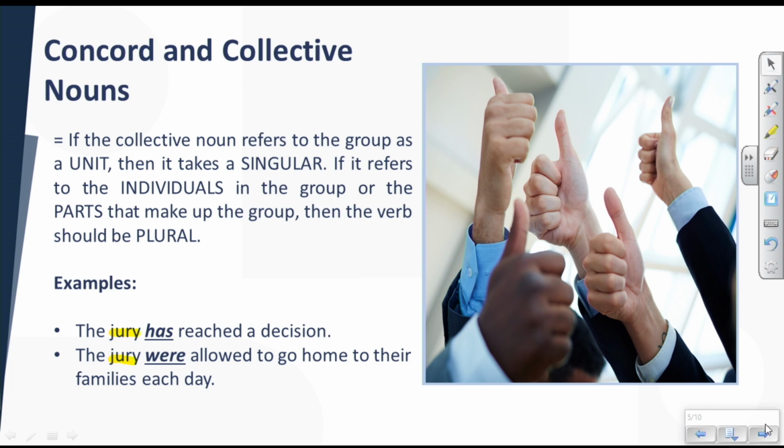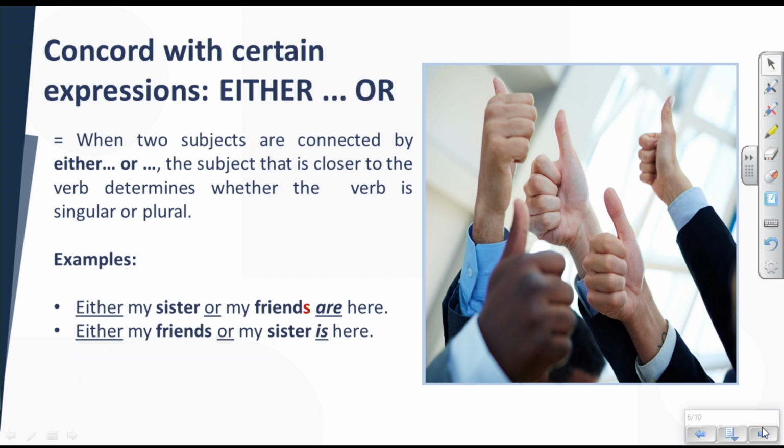Well, finally, we should talk about agreement with specific expressions. So something similar to proximity happens when I use either or, neither nor. Depending on the noun which is closer to the verb phrase, this is the type of agreement that is going to happen.